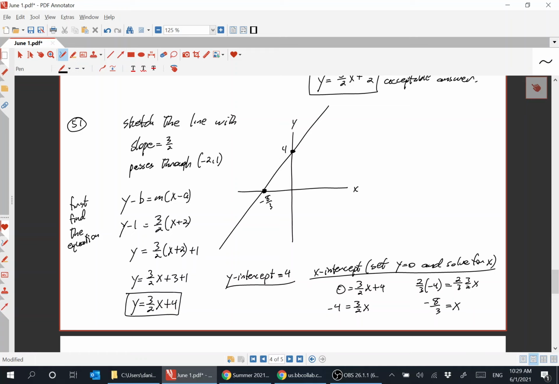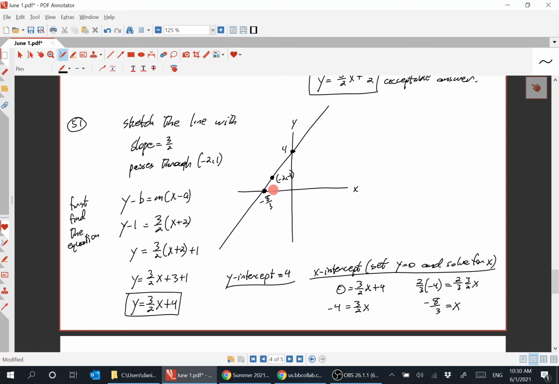Another way you can do it, I think probably what they mean, is to graph that point they gave you, which was -2, -1. So, like right here. And then slope 3/2. So that's rise over run. Rise 3, run 2. Right?